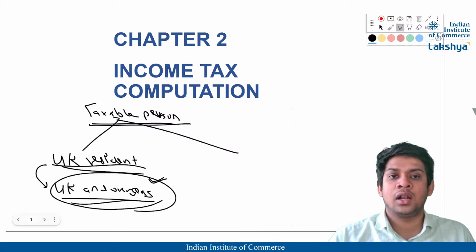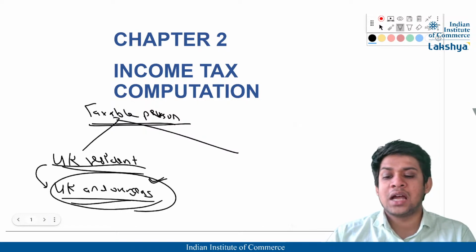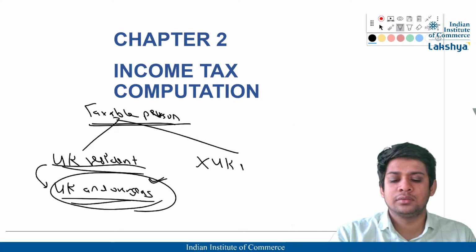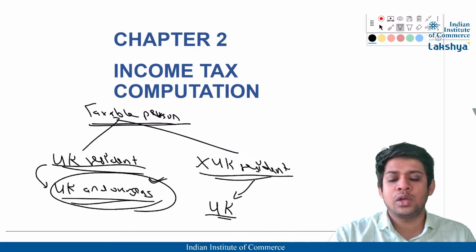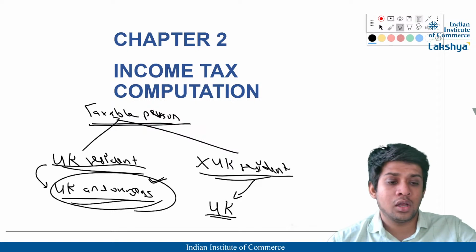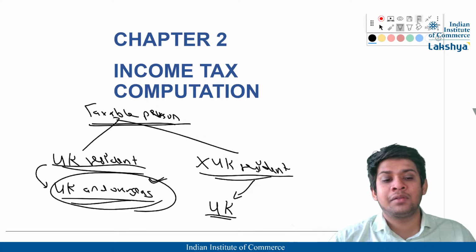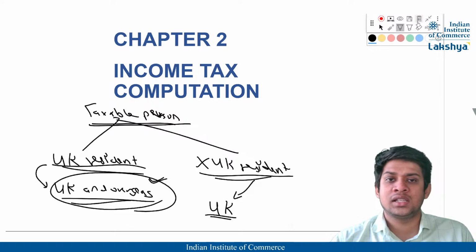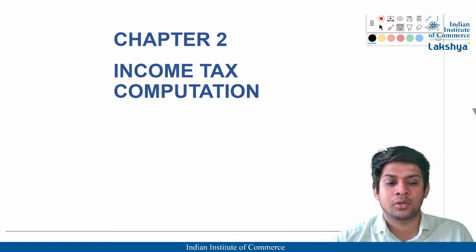So any incomes that he is generating in UK and overseas will be taxable if he is a UK resident. If he is not a UK resident, only the income that he has generated in UK will be taxable in UK. So the level of income that is going to be taxable depends on whether a person is a UK resident or not. It is very important to determine whether the person is a UK resident or not, and for that we have the UK residency test that we are going to understand in this chapter.